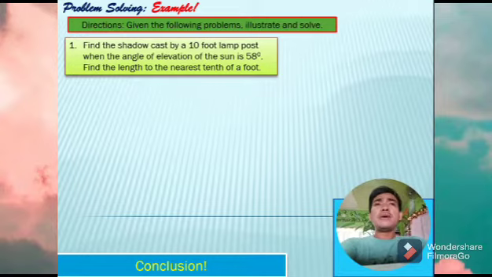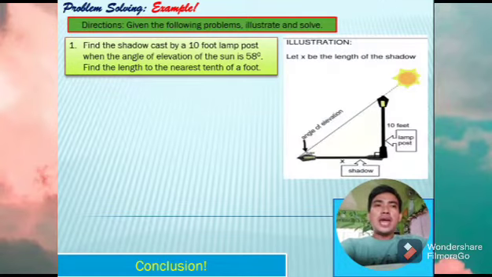Well, of course, if you have a problem like this, you're going to first illustrate your figure for you to have a notion on how you're going to solve the problem. Somewhat like you're making a plan. So you have to illustrate it first. So as we illustrate, we have here the illustration.